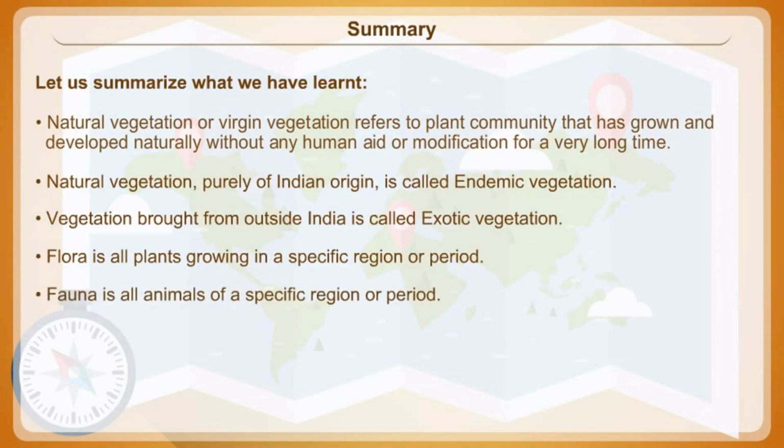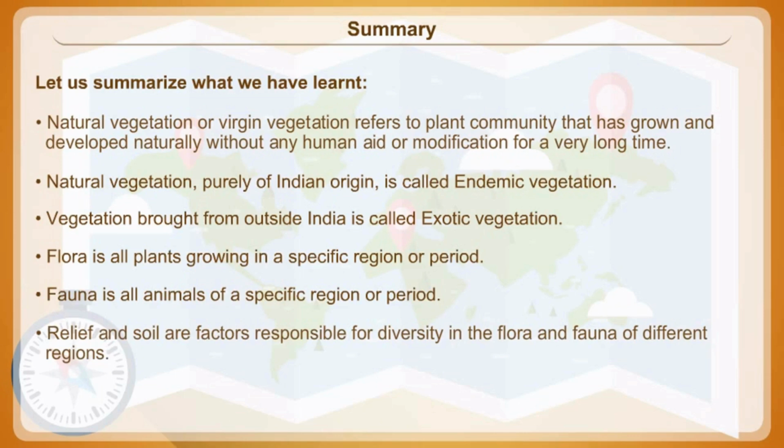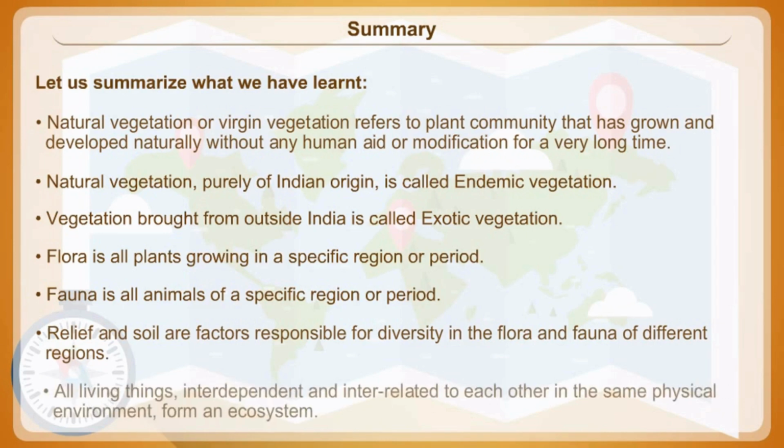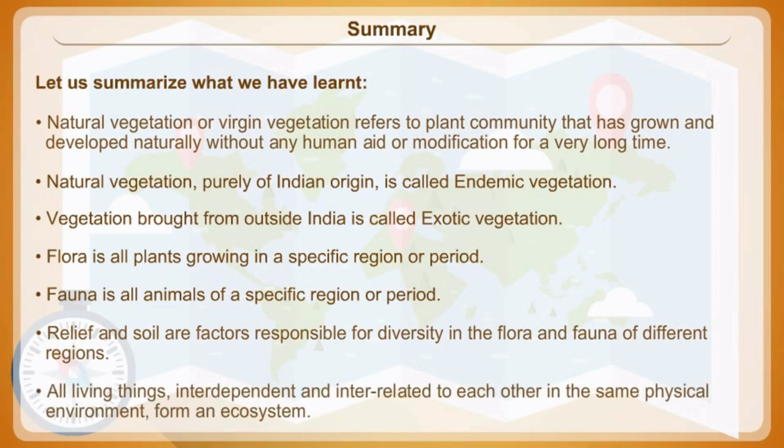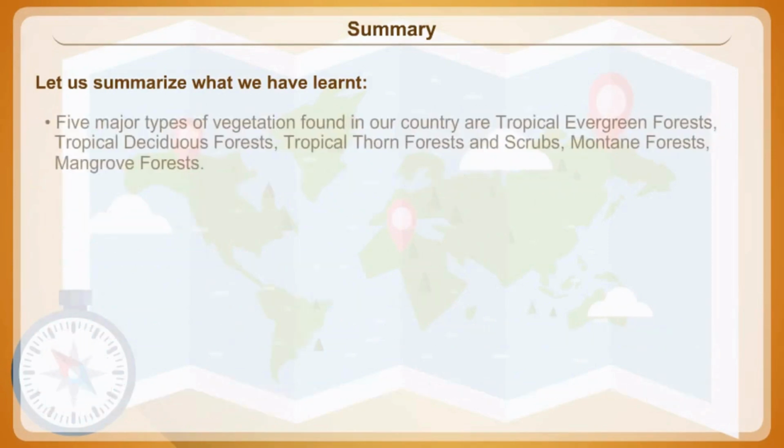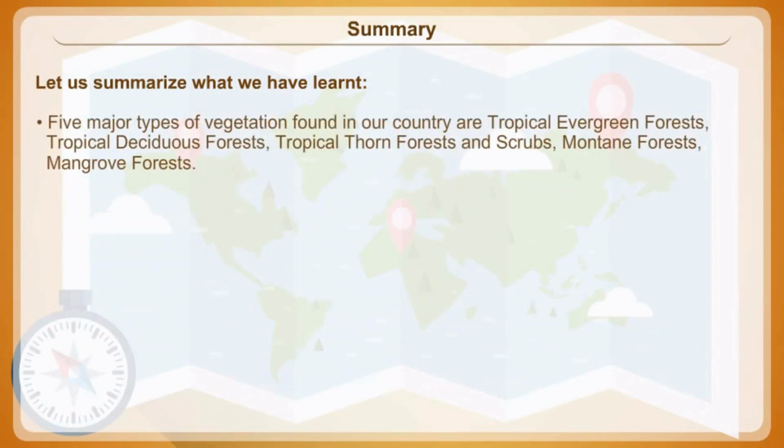Relief and soil are factors responsible for diversity in the flora and fauna of different regions. All living things, interdependent and interrelated to each other in the same physical environment, form an ecosystem. 5 major types of vegetation found in our country are tropical evergreen forests, tropical deciduous forests, tropical thorn forests and scrubs, montane forests, mangrove forests.